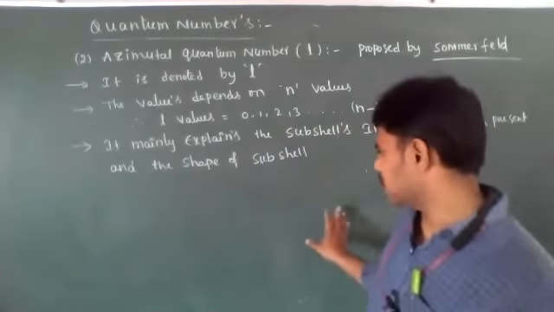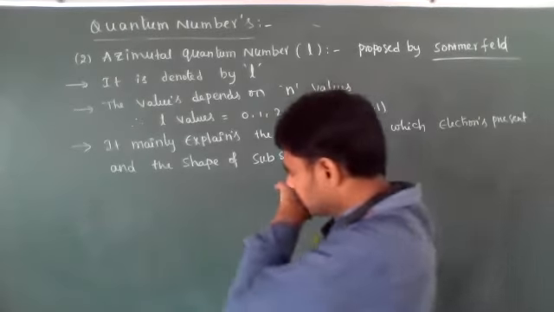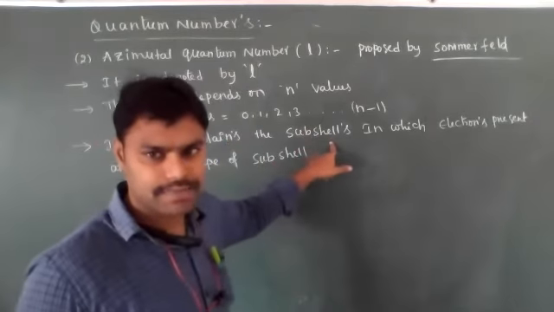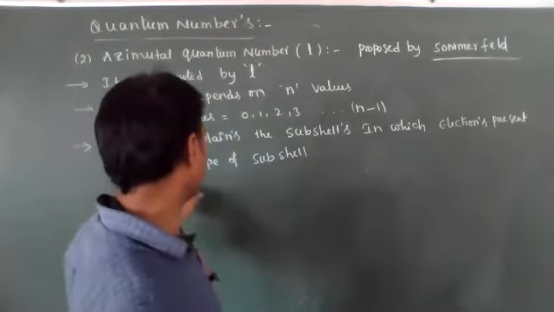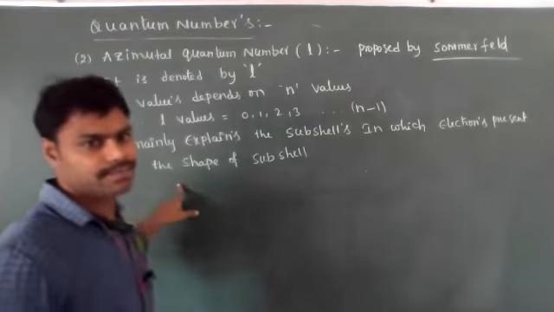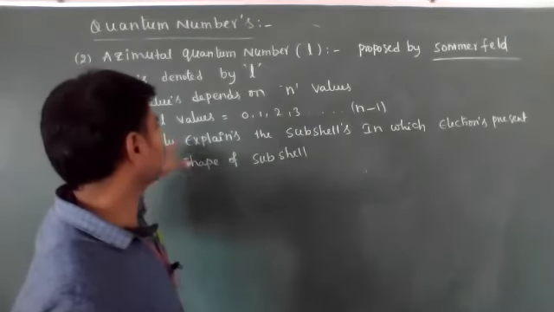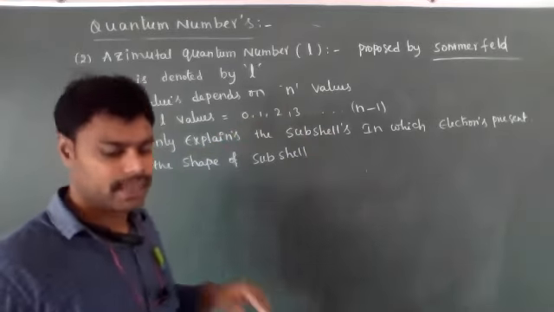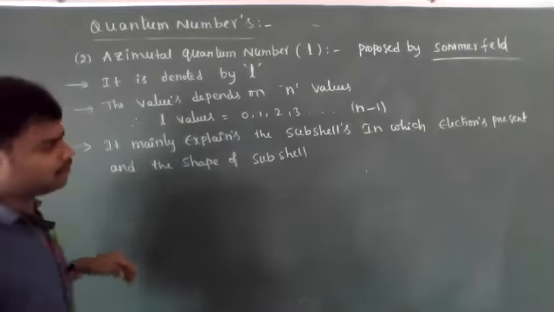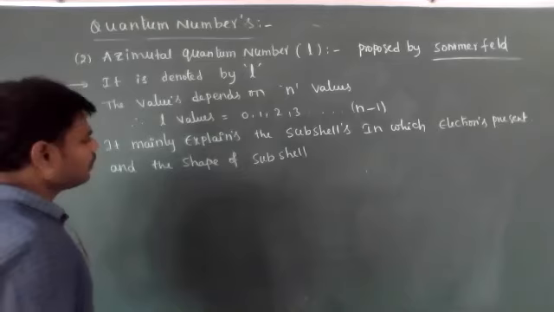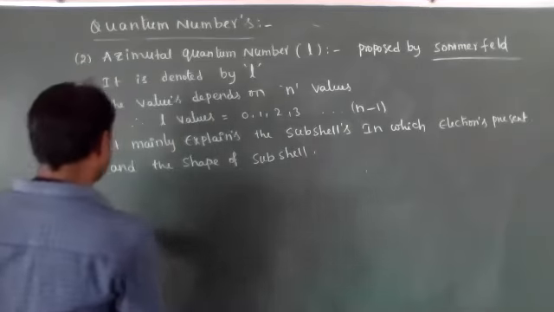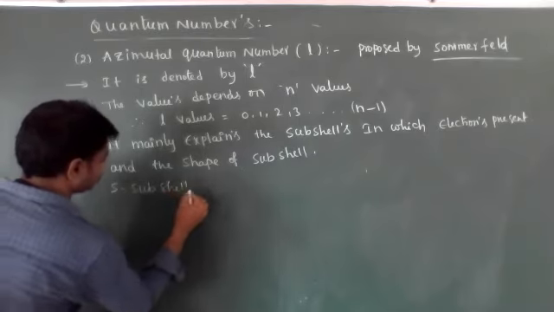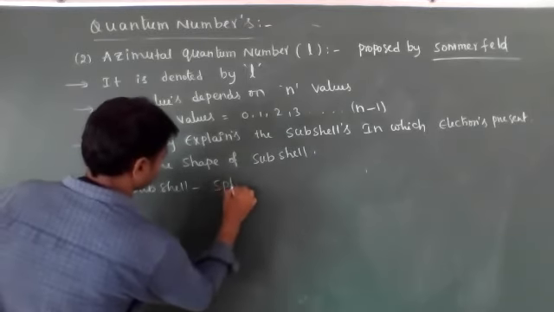Here I will explain once again about subshells. The azimuthal quantum number mainly explains the subshells and the shape of the subshells. And azimuthal quantum number values depend on n. That l value is 0, 1, 2, 3 up to n minus 1. And listen, for example, the s subshell shape is spherical.